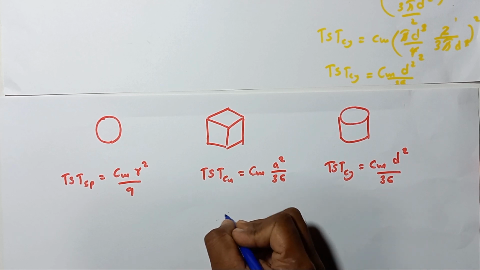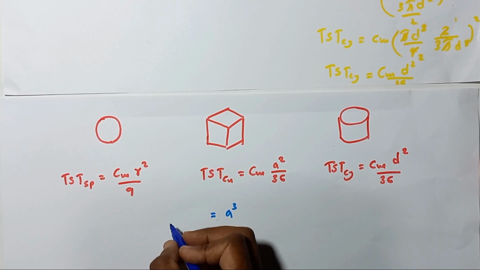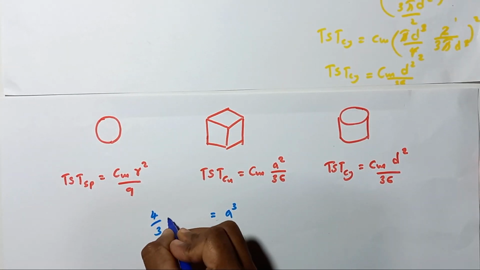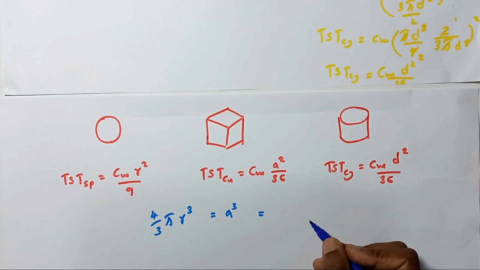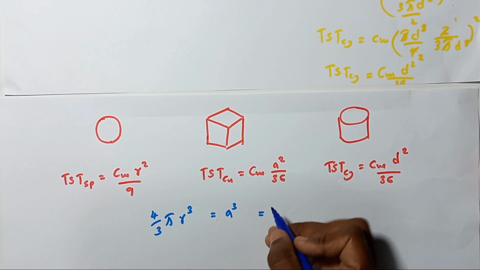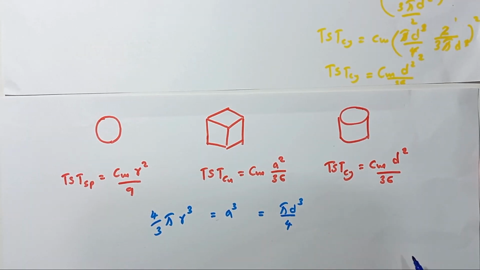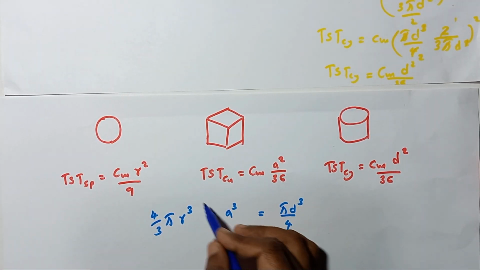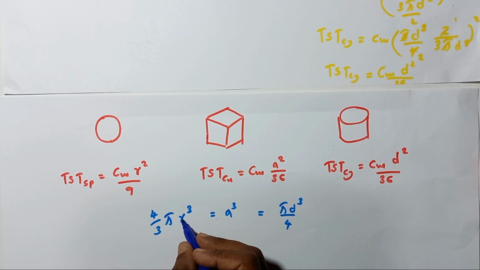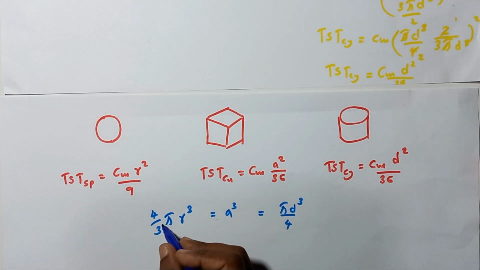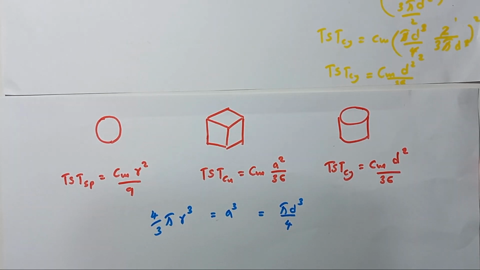Here the volume is A cubed, so it should equal the volume of the sphere, and should equal the volume of the cylinder, πd cubed divided by 4. We are going to obtain R from A, and we can calculate the numerical value.